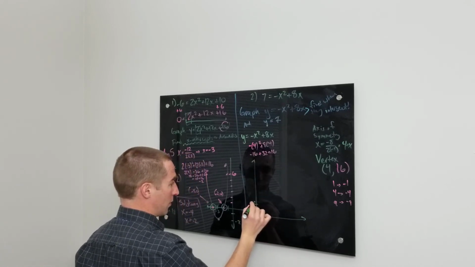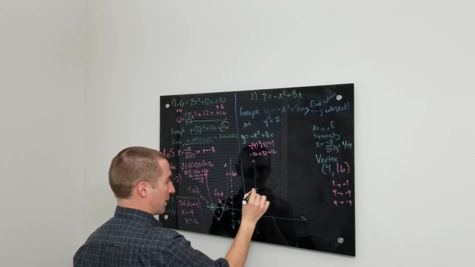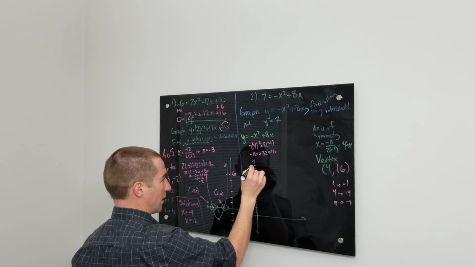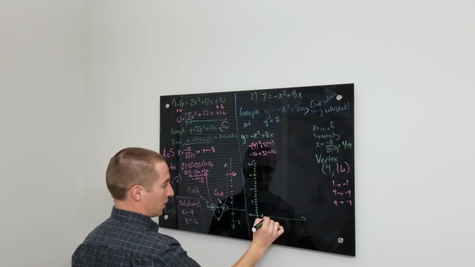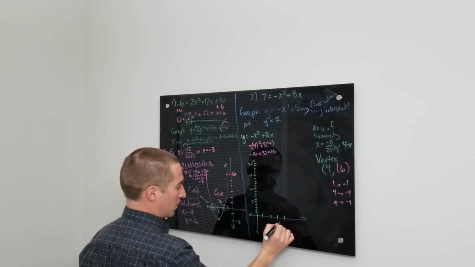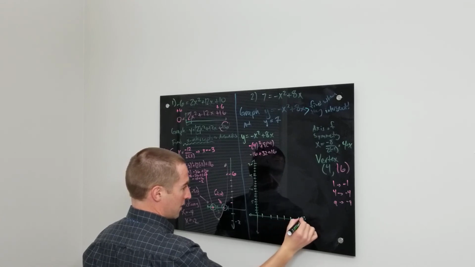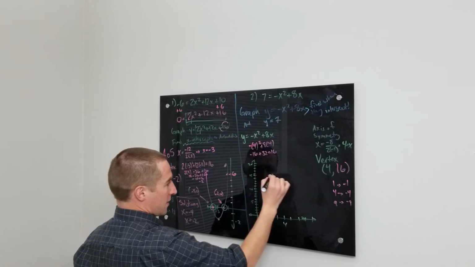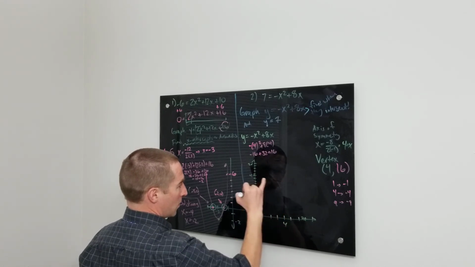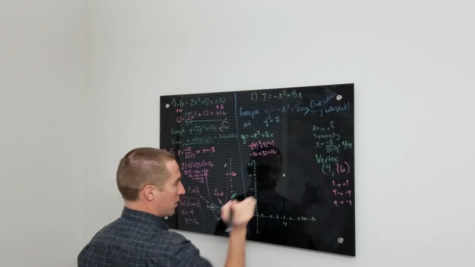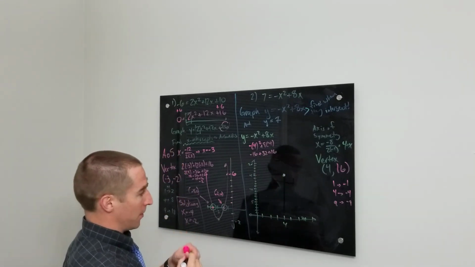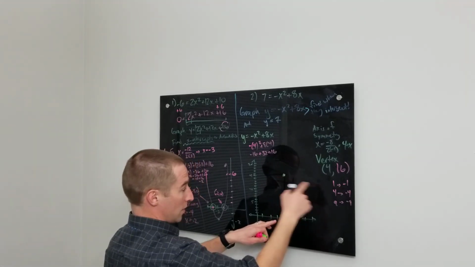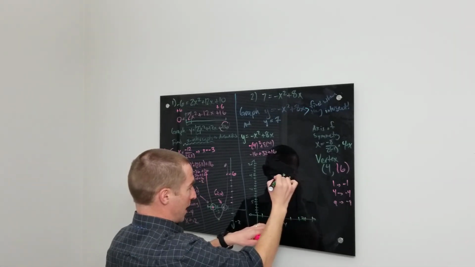All right, so 4 and 16, right about there. And then I'm going to go 1 to the right or left, and I'm going to go down 1.